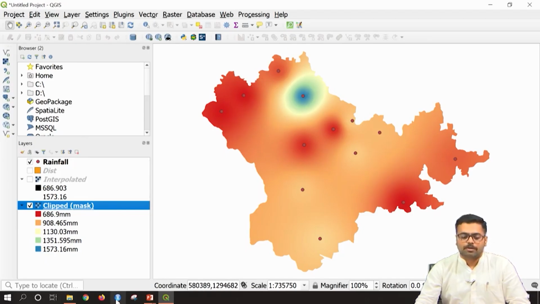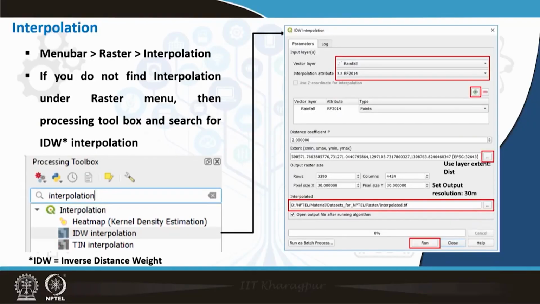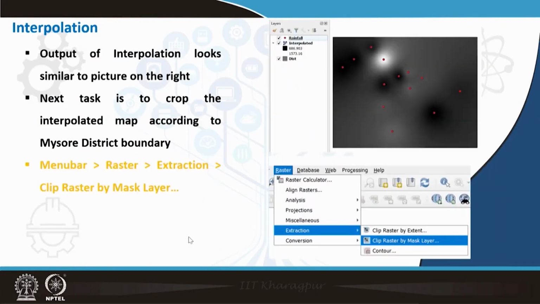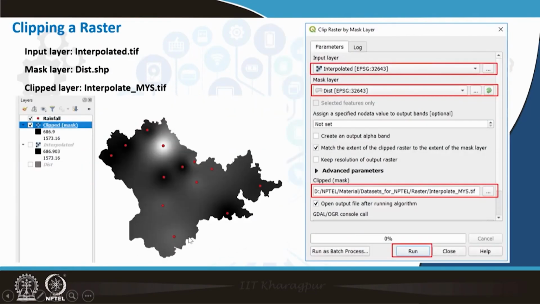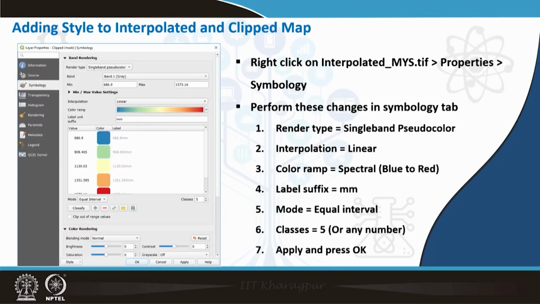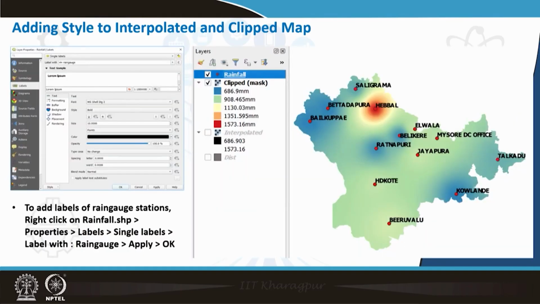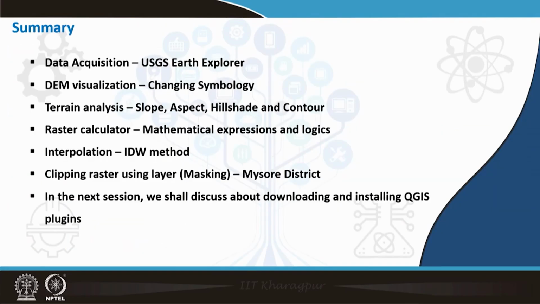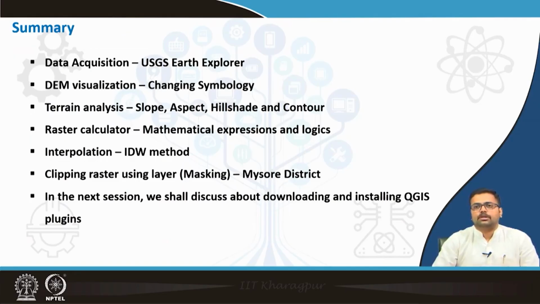So, this is how our final clip map looks like, and in this particular lecture we started with data acquisition. We saw how to download data from USGS Earth Explorer. You have to register with your email, and then we saw how to visualize them. The raw DEM will be in black and white format. How to change the symbology, how we can add various colors, and then we performed terrain analysis, slope, aspect, hillshade, contour I did not show.